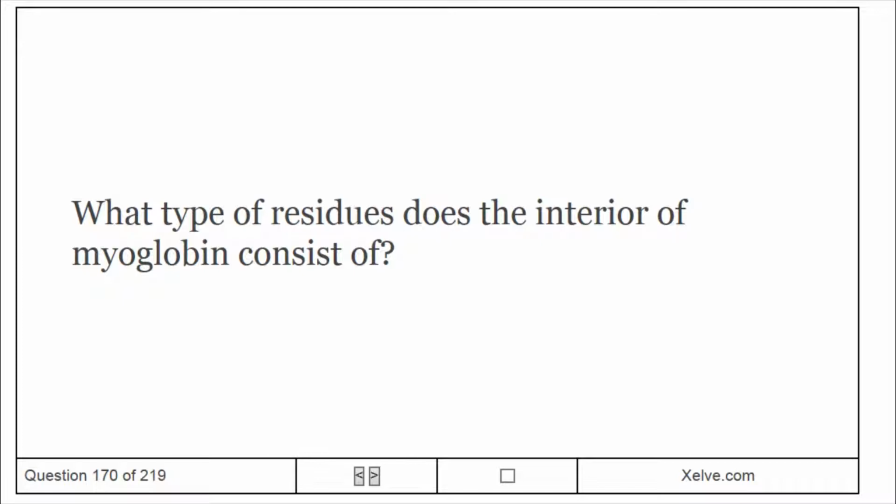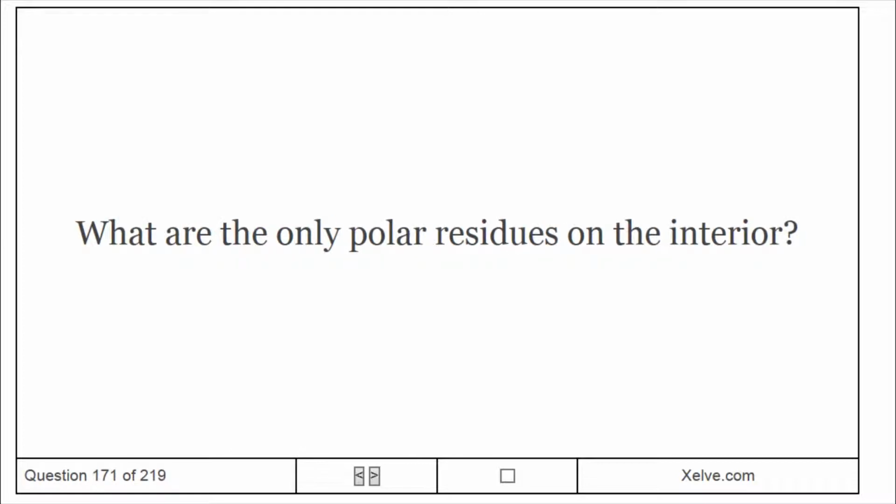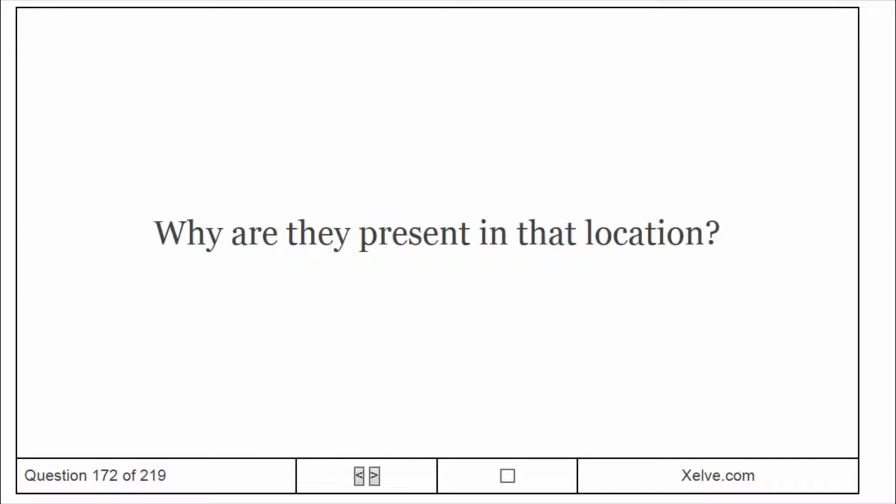What type of residues does the interior of myoglobin consist of? Almost entirely of nonpolar residues. What are the only polar residues on the interior? Two histidine residues.